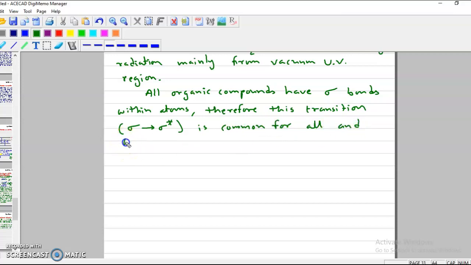And we don't get proper information from this transition.